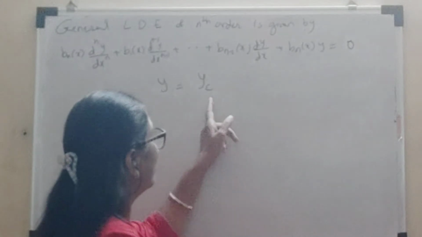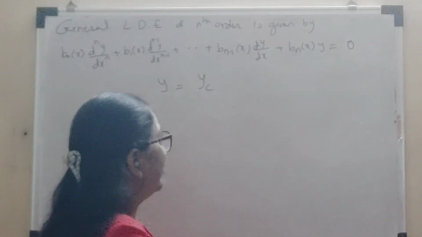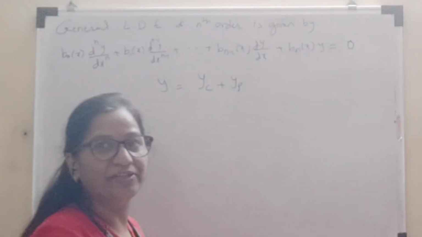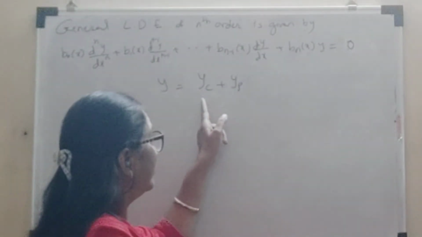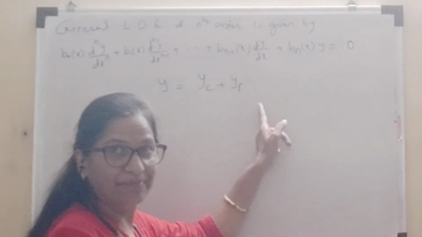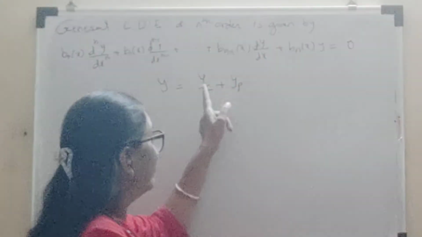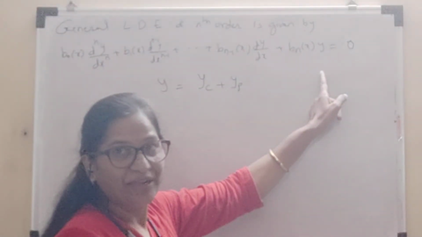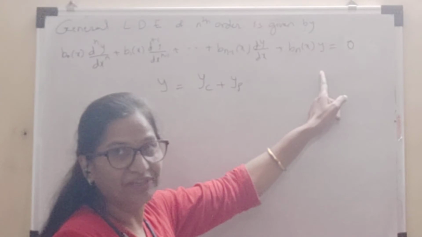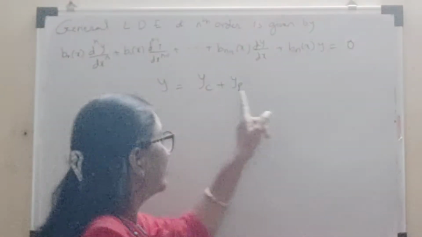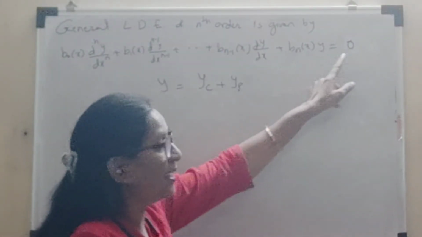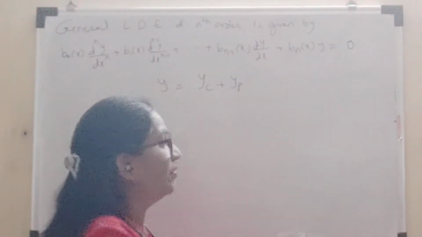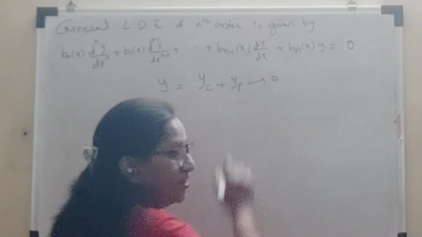The solution corresponding to the RHS part is called YP, also called the particular integral. YC corresponds to the homogeneous part, or we may say the LHS of the given differential equation equated to 0, and YP corresponds to the RHS provided it is non-zero. If the RHS is equal to 0, then YP is equal to 0.